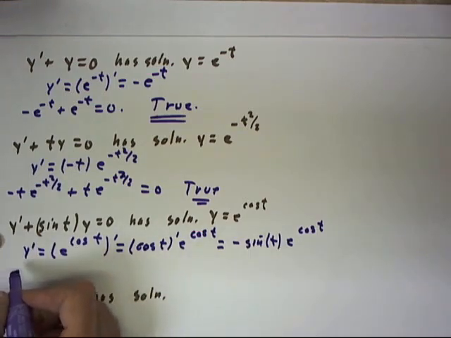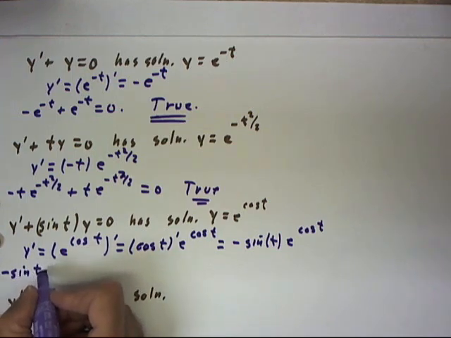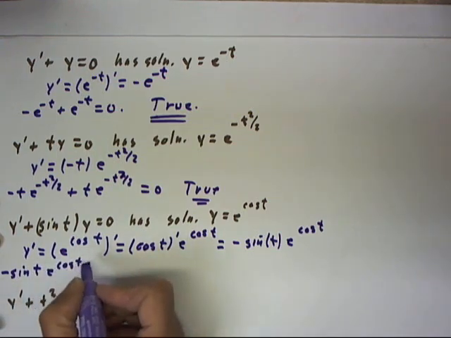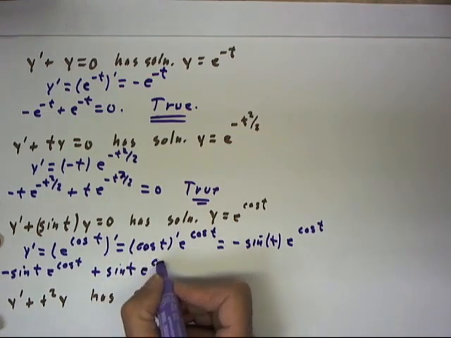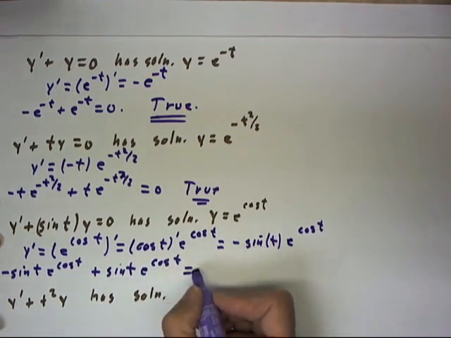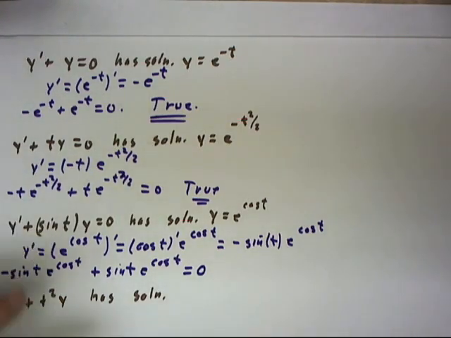We plug that into the equation and we find that it works out. Negative sine of t e to the cosine of t plus sine of t e to the cosine of t equals 0.